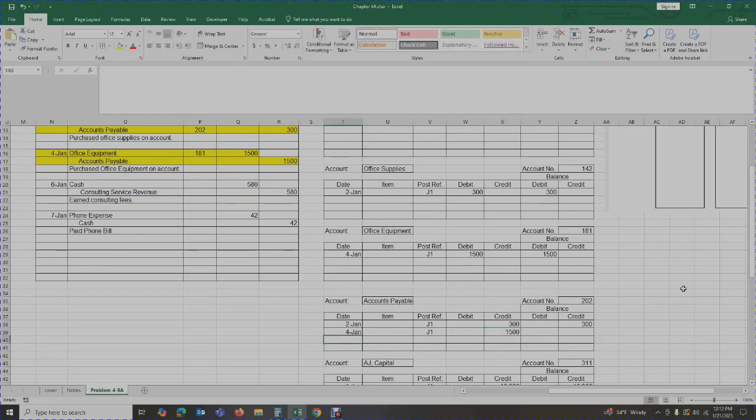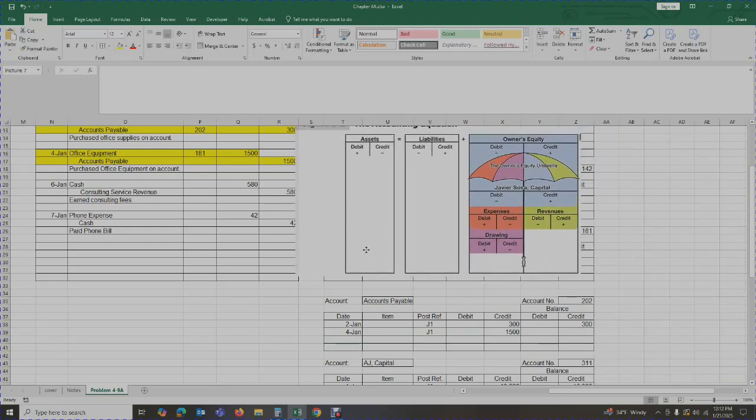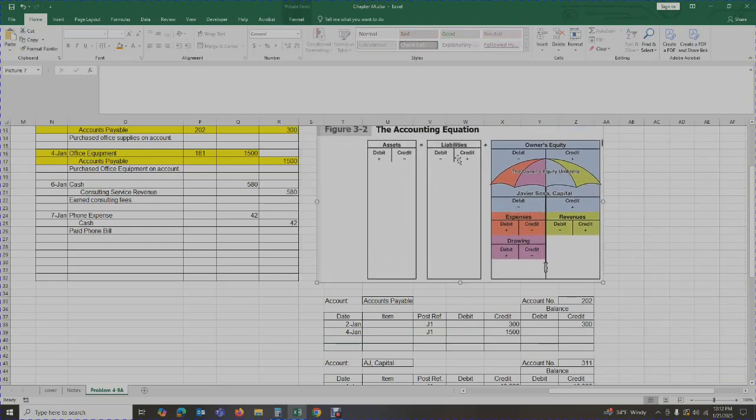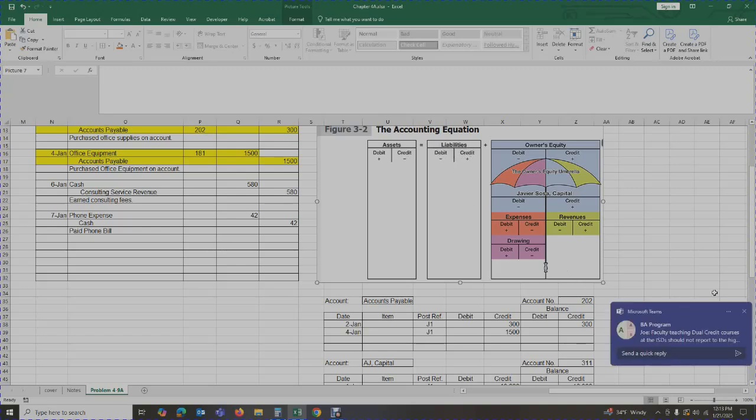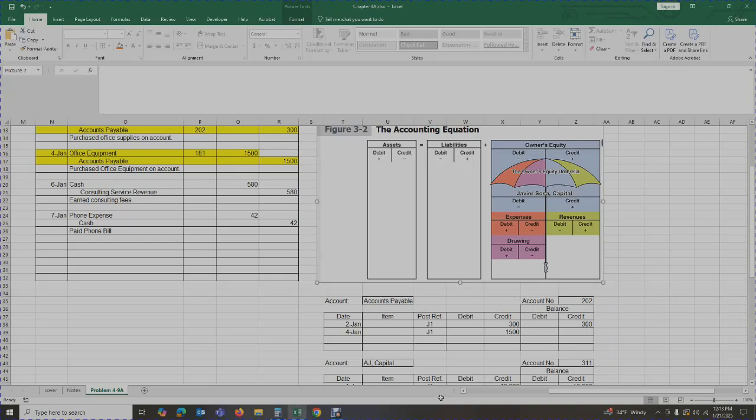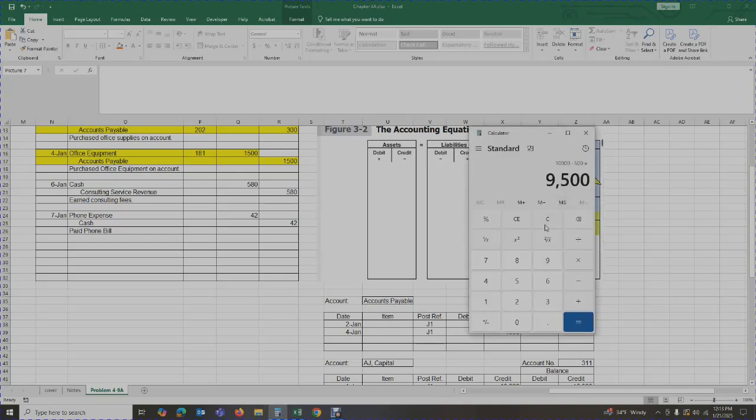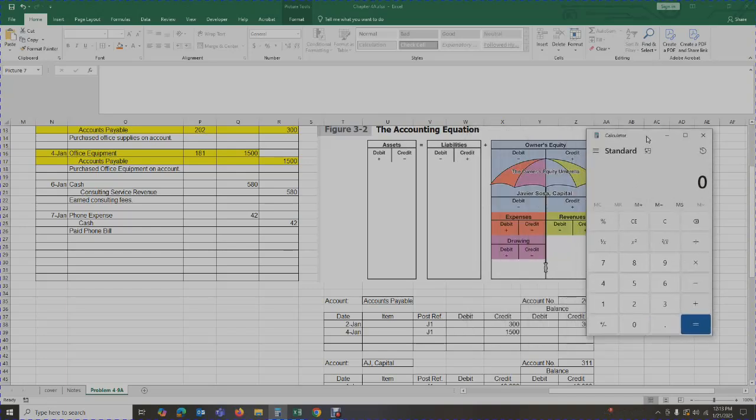Okay. So now let's look at accounts payable. Accounts payable is a liability. Okay. So whenever you have credit transactions, so here you have one credit of $300 and now you have another credit of $1,500. If they're both credits, you add them. Okay, credit gets added. If it's a debit, you subtract. So in this particular case, I've got a credit of $300 plus another credit of $1,500.